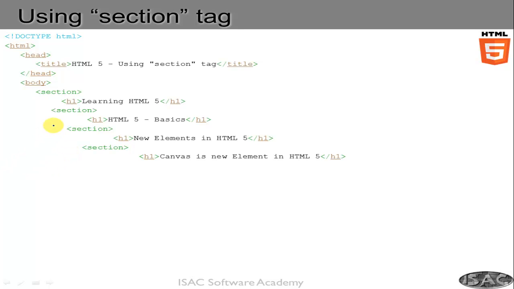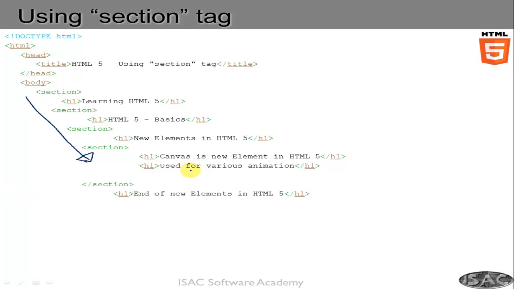So, if you see here, we are nesting the sections one after another inside each other. Okay. And then after that we will write whatever I want to write here and then start closing the sections. Inside this section called new elements in HTML5, I have two sections. One is called this one and the other is called end of new element in HTML5.